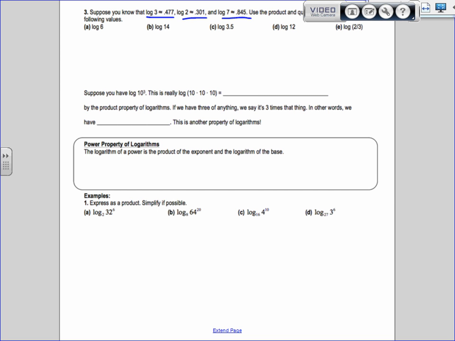Okay, so the very first one is log of 6. Well, think about 6. How is it related to 3, 2, and 7? Yeah, so 3 times 2 gives you 6, right? So we're going to have log of 2 times 3. Well, based on that product rule, we know that it's going to be log of 2 plus log of 3. So we take log of 2, which is 0.301, and we take log of 3, which is 0.477, and we add them together.